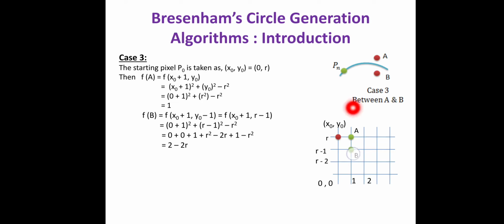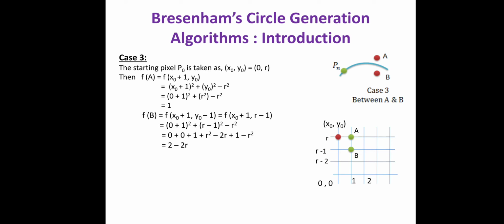Same thing we do over here, we find the b coordinates. What is the coordinate of b? x plus 1 and y minus 1. I will put that value in the equation of the circle. So it becomes (x plus 1) whole square plus (y minus 1) whole square minus r square. The value of x is 0 and the value of y is r. So I solve (0 plus 1) whole square, that is 1, plus (r minus 1) whole square, which becomes r square minus 2r plus 1.